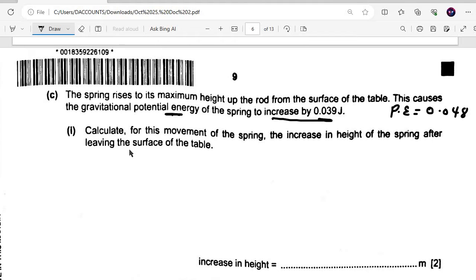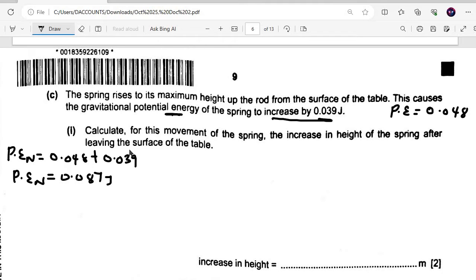Now, the question said that when it leaves, the potential energy increases by this, which means that the new potential energy is 0.048 plus 0.039. It increases, so the new potential energy is 0.087 joule.